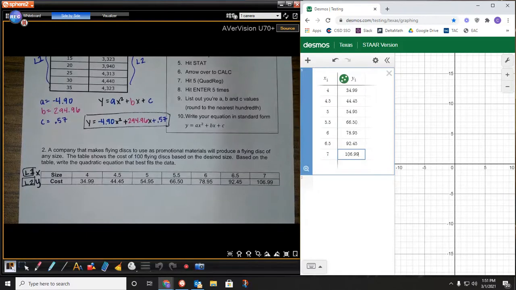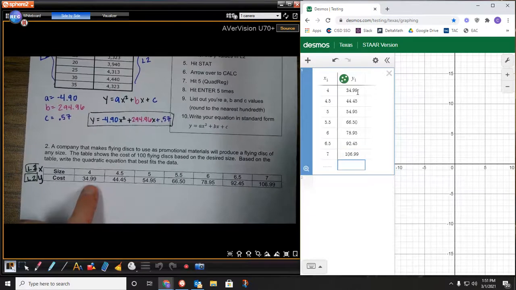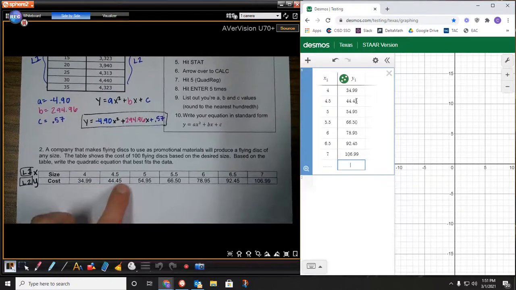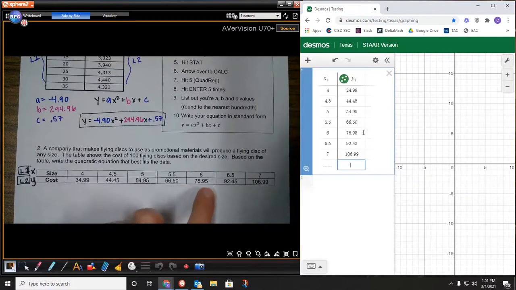So it's really important that you take a look at these and double check to make sure that these are correct, because otherwise your data will be wrong. So the devil is in the details here. You want to make sure you get all of these right.